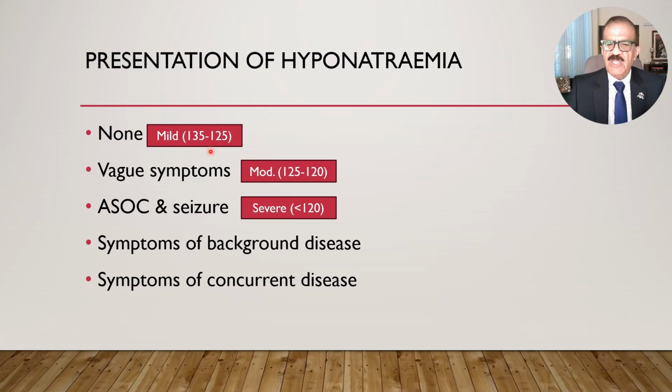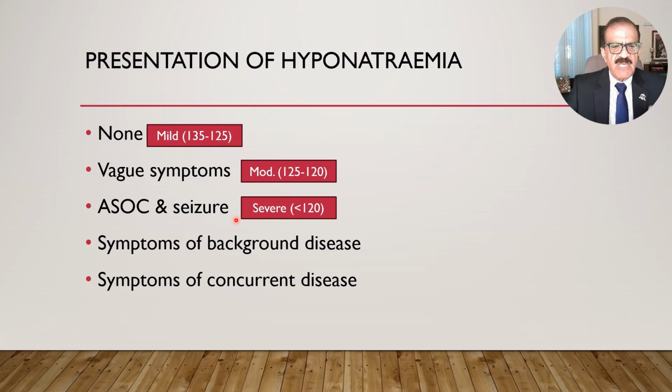If sodium is ranging between 120 and 125, then there may be mild vague symptoms. Again, on the basis of these symptoms, it may not be possible to make a diagnosis of hyponatremia, because the symptoms are too vague, and vague symptoms could come from many other conditions.